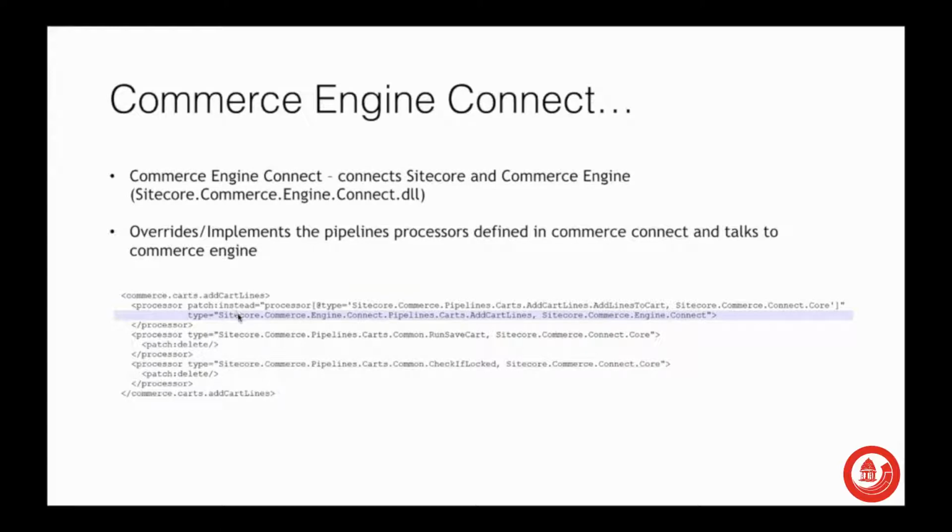It's located in sitecore.commerce.engine.connect.pipelines.carts.addcartlines. This is the DLL that I mentioned. And then you are also removing some processors that are not necessary. These processors that are part of the default configuration are not necessary, so they are getting removed.